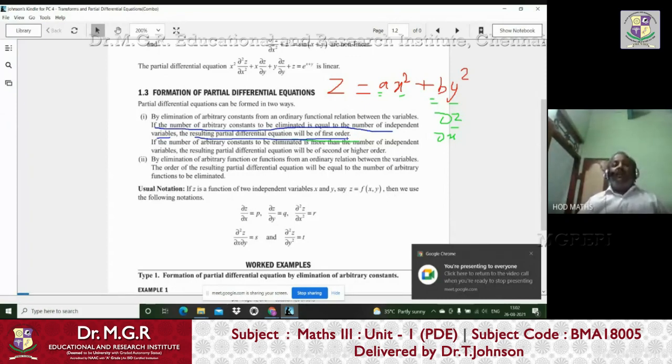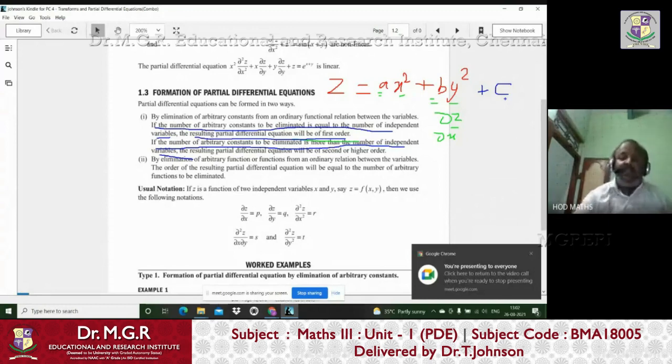Suppose the number of arbitrary constants is more than the number of independent variables, say you have ax square plus by square plus c. Here there are three arbitrary constants and two independent variables. So whenever you form a PDE from this equation, that PDE is always of order more than 1.